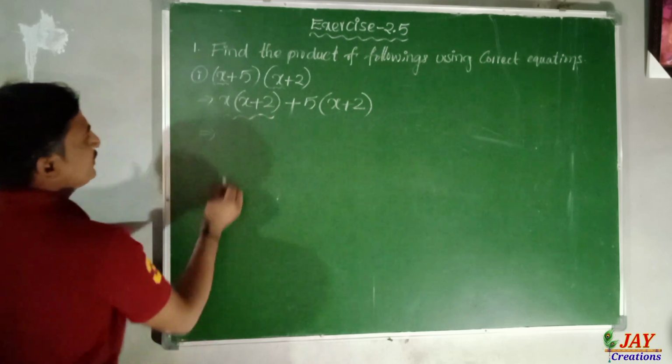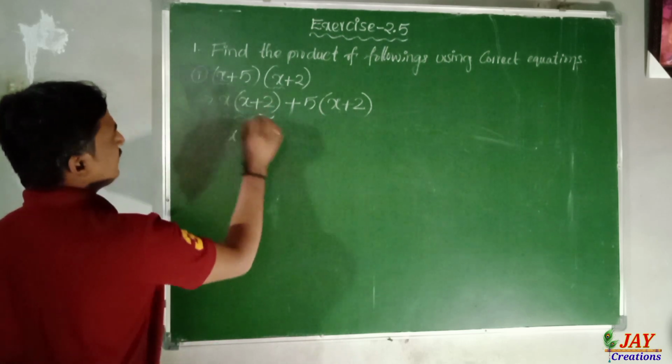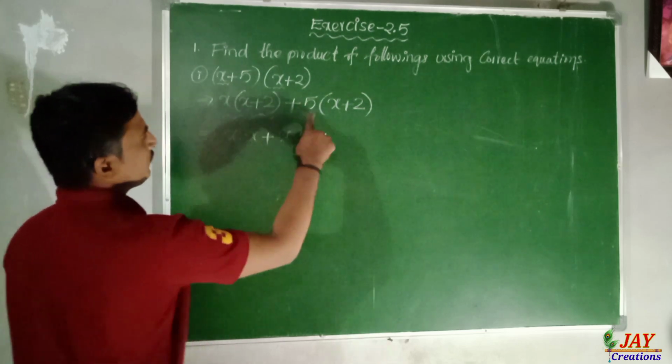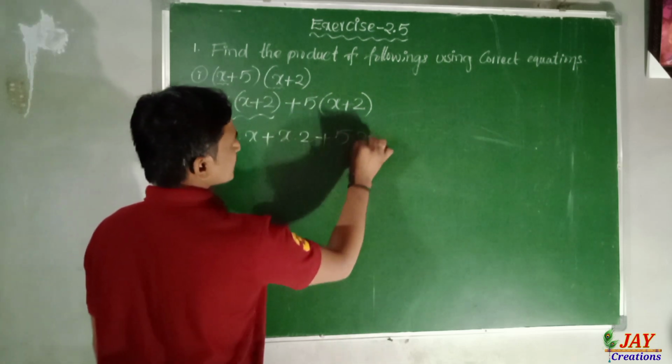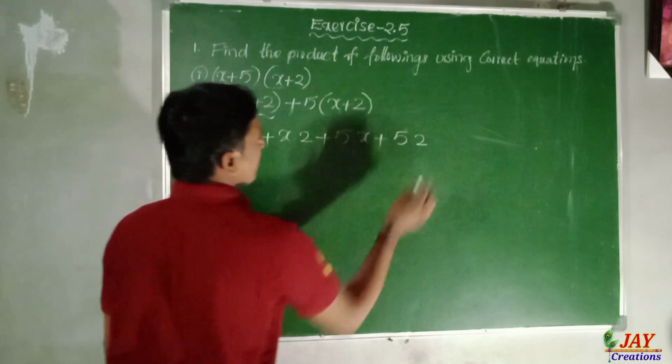So first x multiplied with x plus x multiplied with 2, plus next, another distributing, 5 into x plus 5 into 2.